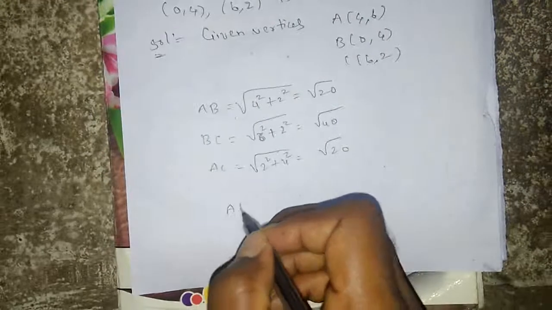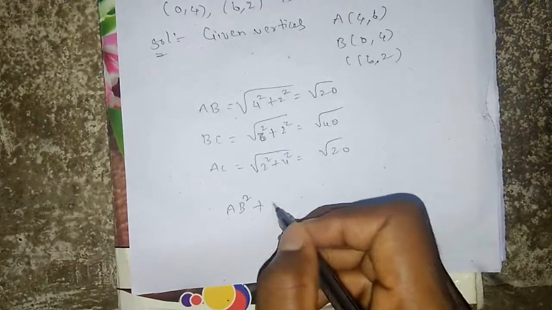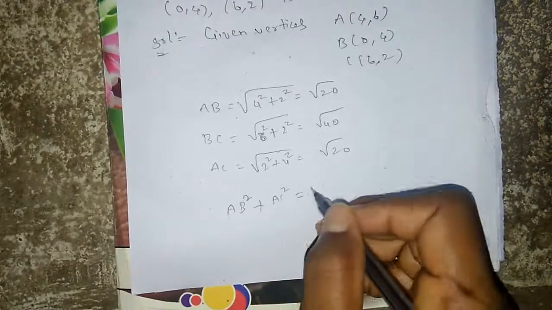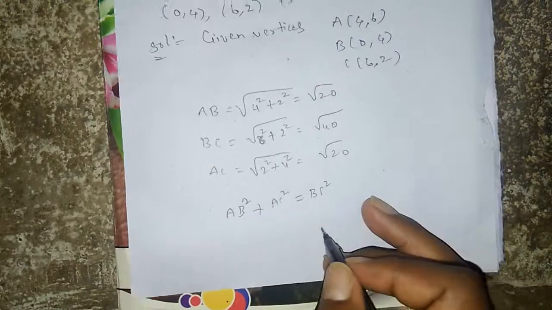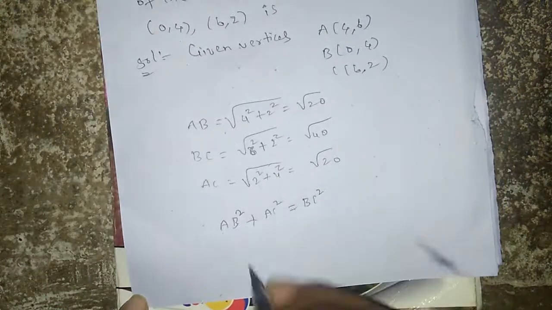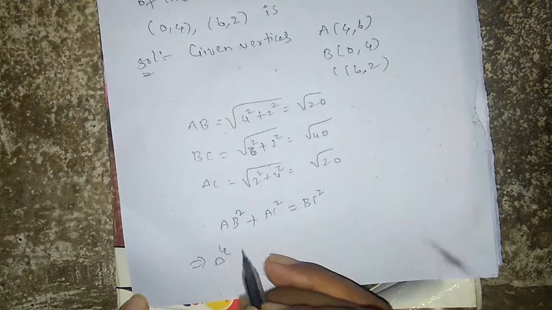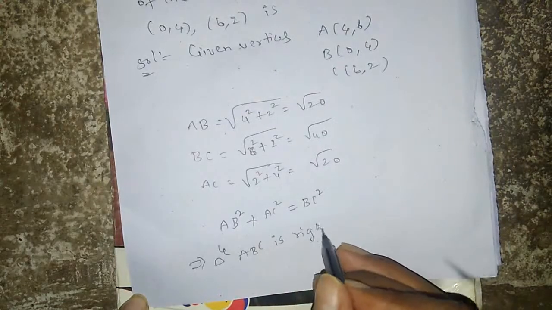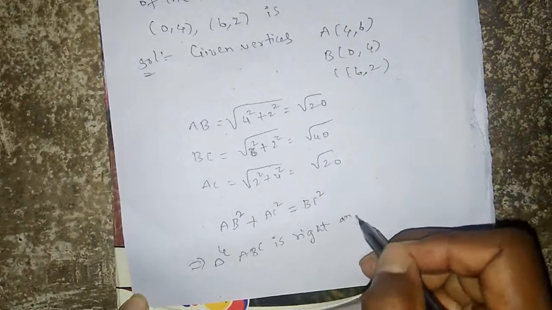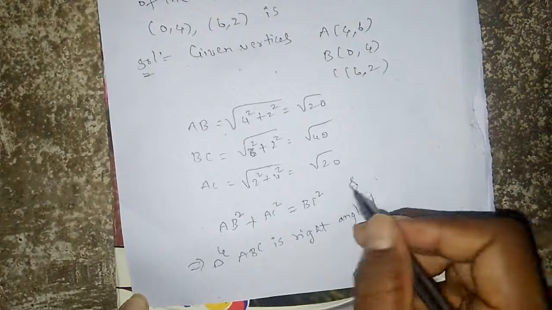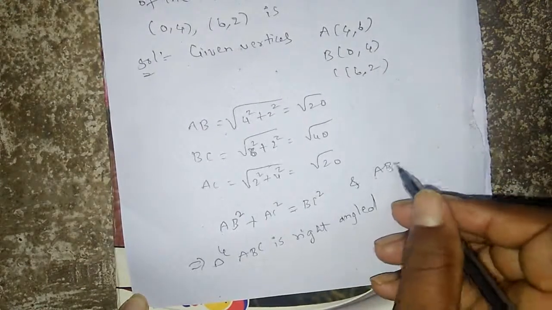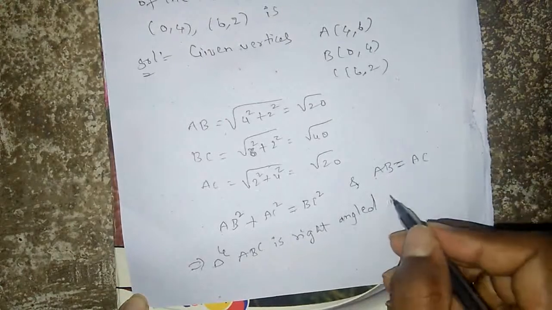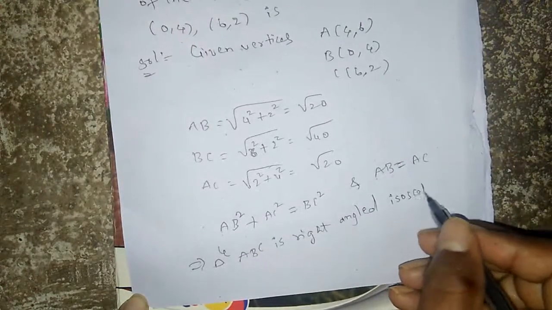Here if you observe, AB square plus AC square is equal to BC square, implies triangle ABC is right angle, and here AB and AC sides are also equal, therefore it is right angle isosceles triangle.